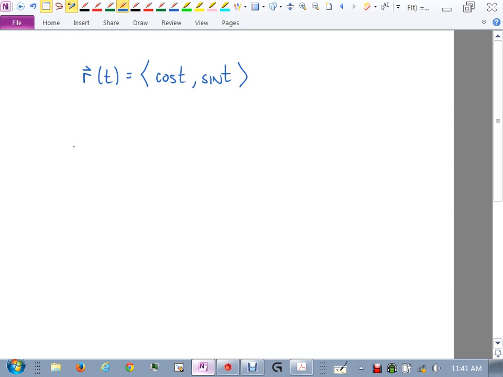The formula I'm going to use for curvature is the magnitude of capital T prime of t over the magnitude of r prime. To get T of t, I need r prime of t over its own magnitude.